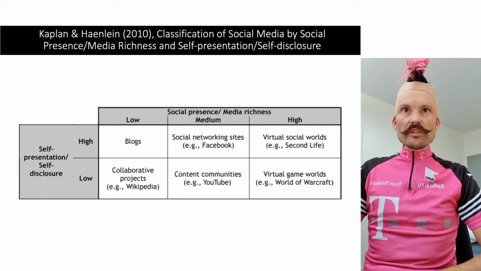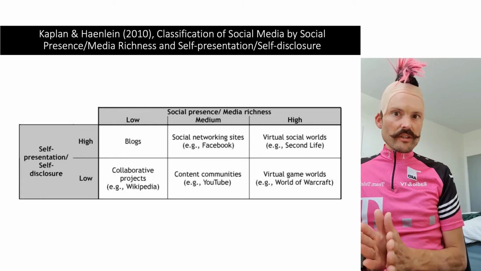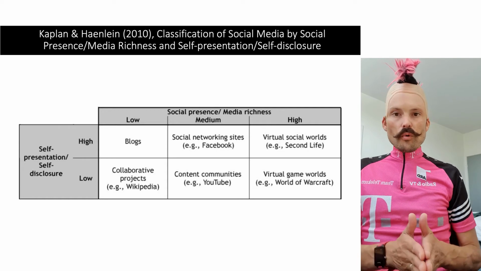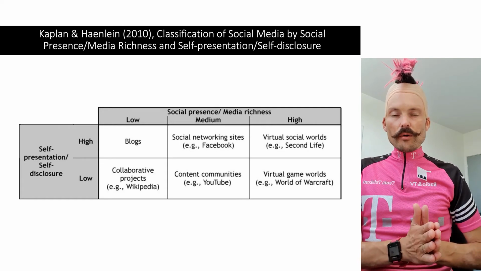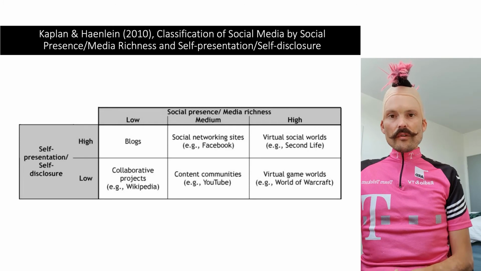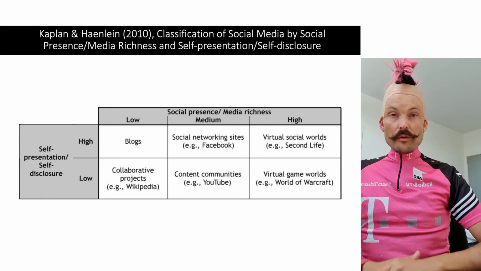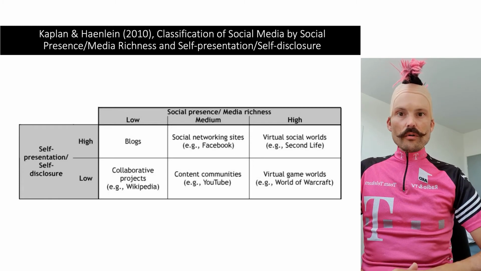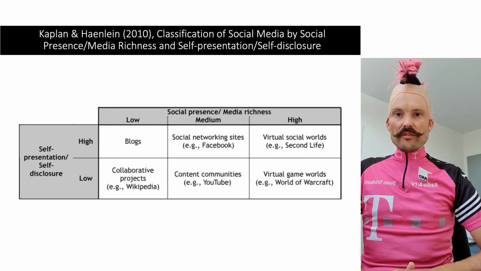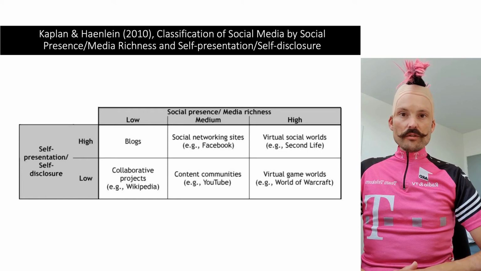And when the media richness or the social presence is higher, which means that it's more current, it's more happening right now, using more multimedia resources, then in social networking sites, for example, such as Facebook or Instagram or LinkedIn, the content that's being produced is very much about the producer, and it's also very much about using richer types of media in producing that.